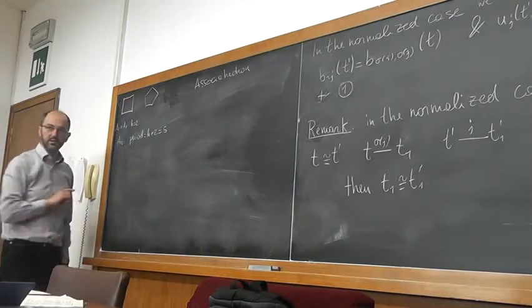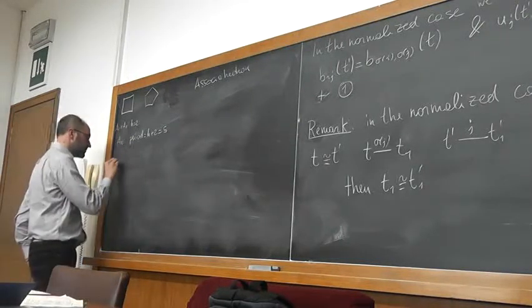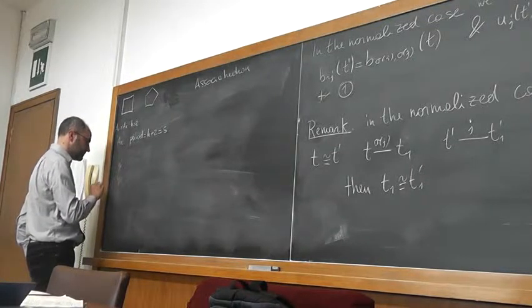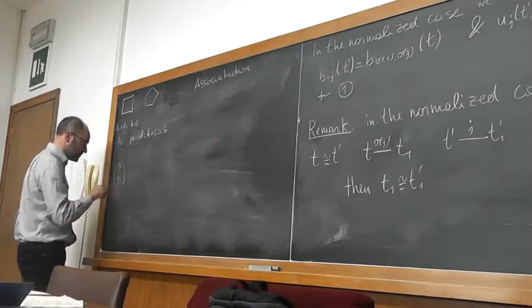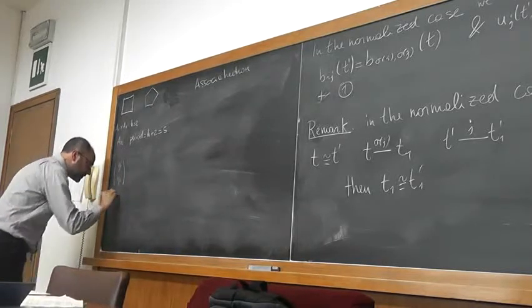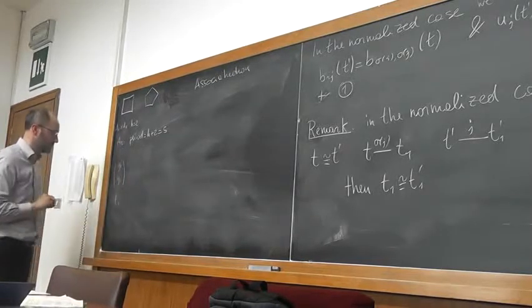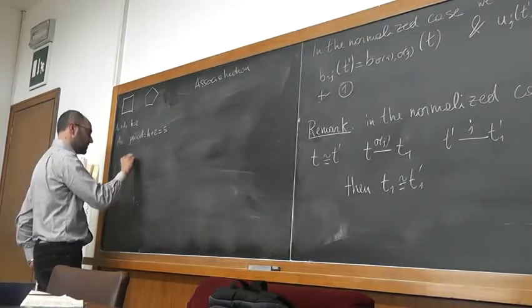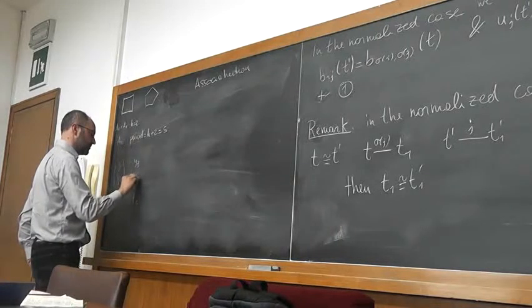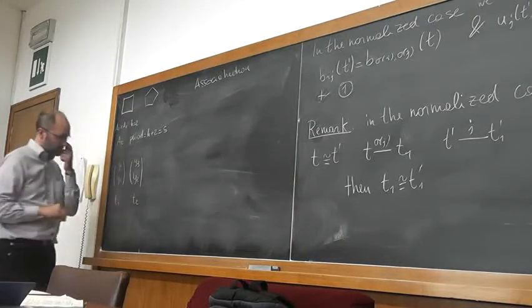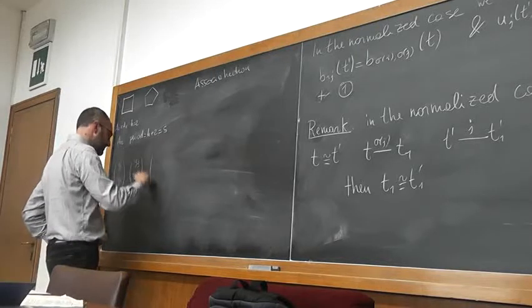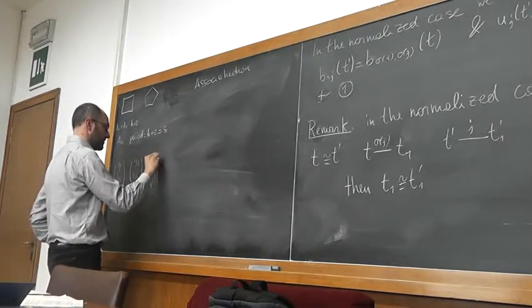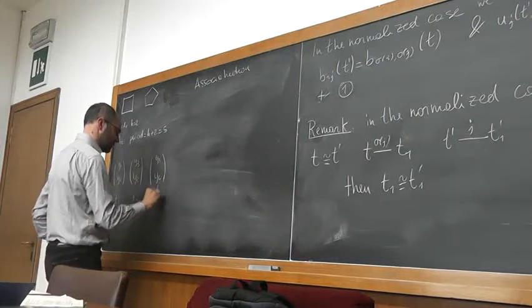Type A2. So these were the variables of the vertex t1. Then in t2, we have y3 and y2. And then y4 and y3, this is t3.